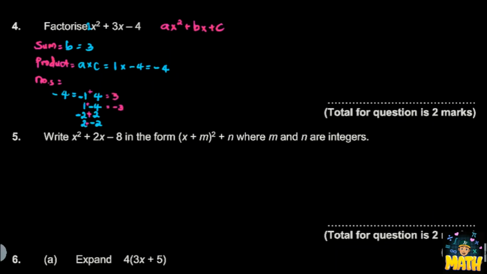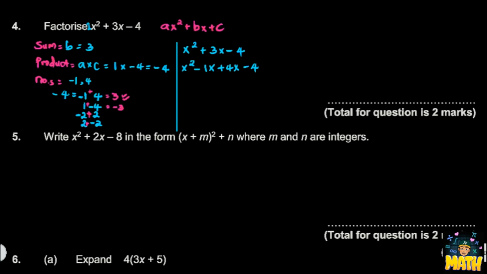So negative 1 plus 4 already gives us 3, that's what I'm going to go with, negative 1 and 4 as the factors that we are looking for. So I'm going to substitute that into the expression we have right there. So it will be x squared minus 1x plus 4x, then minus 4.